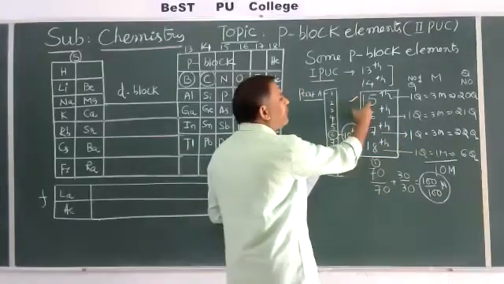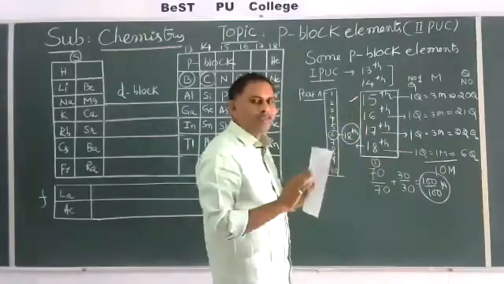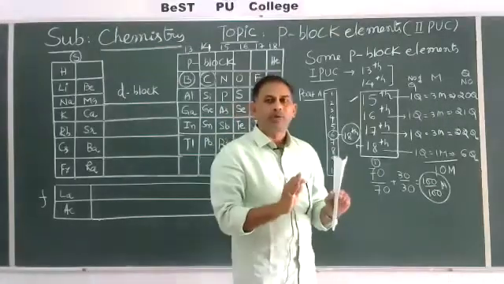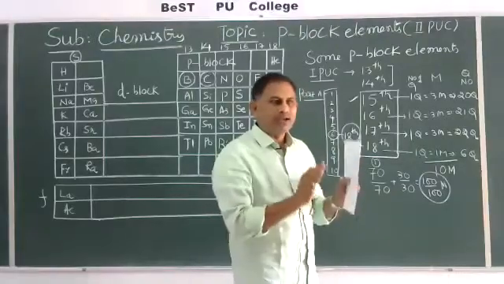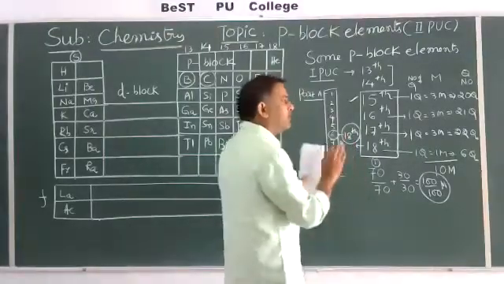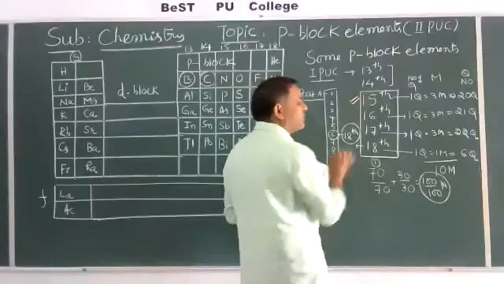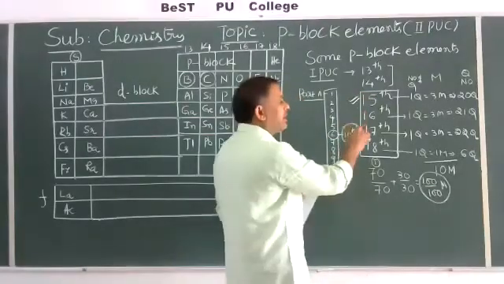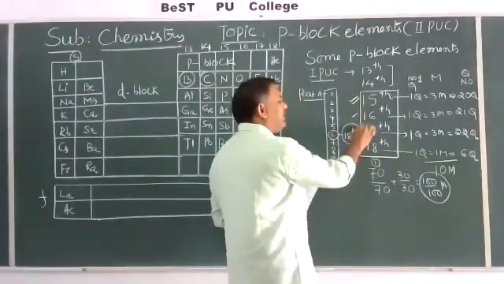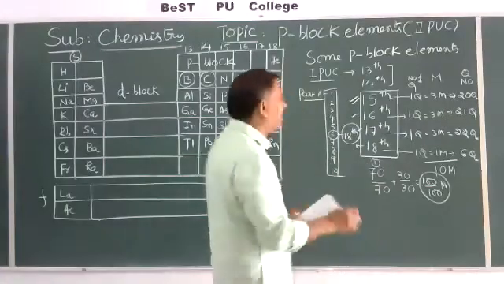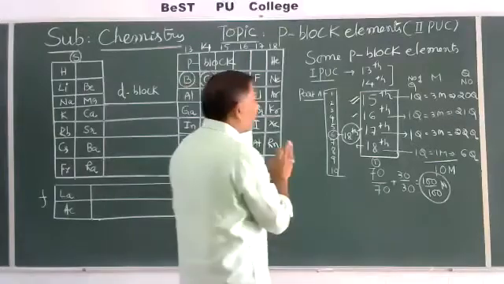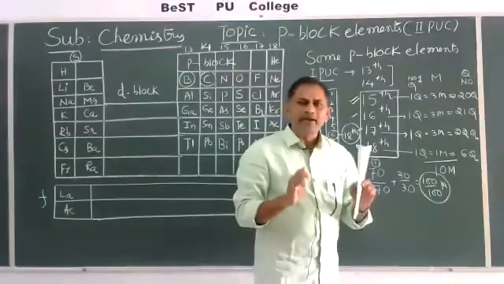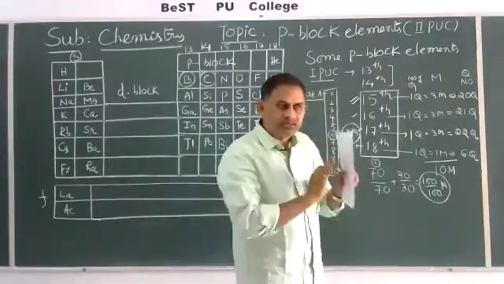Once you read the 15th group thoroughly, all concepts, all side headings, all important properties, introduction, general introduction, physical and chemical properties, then automatically 16 and 17 are similar, just by changing their elements. Only the elements and their properties have slight variation, remaining everything is the same.